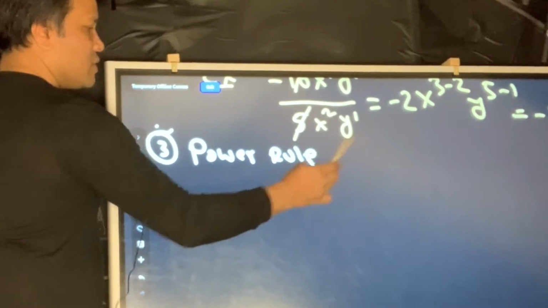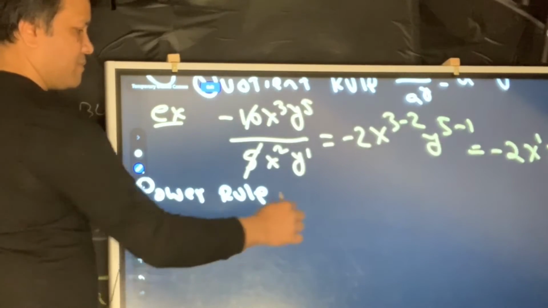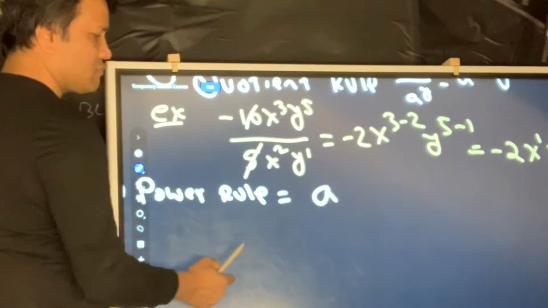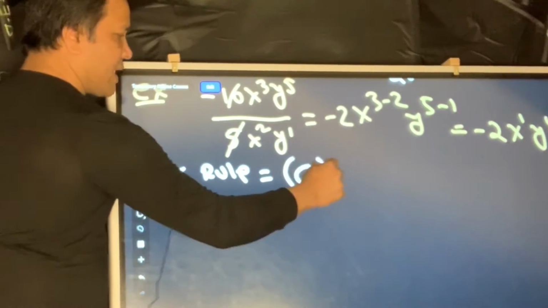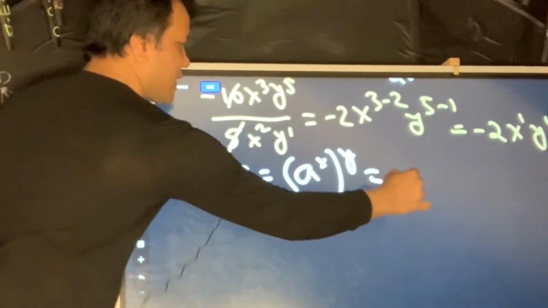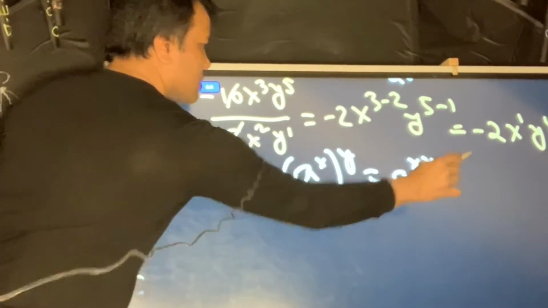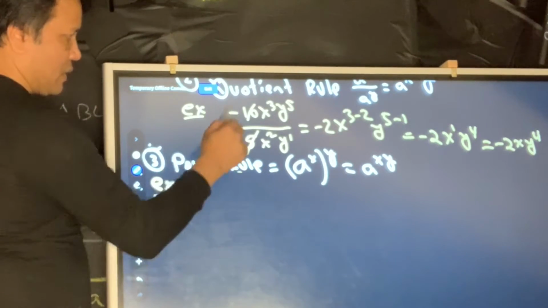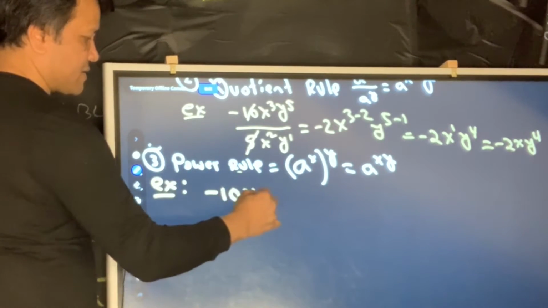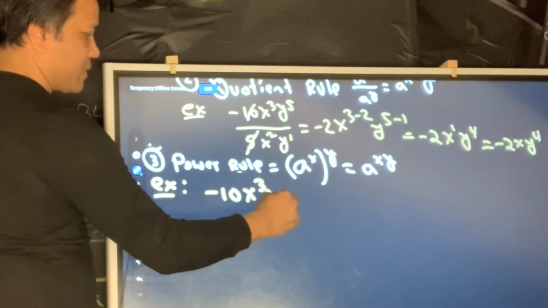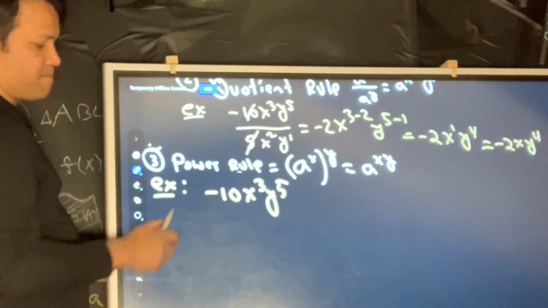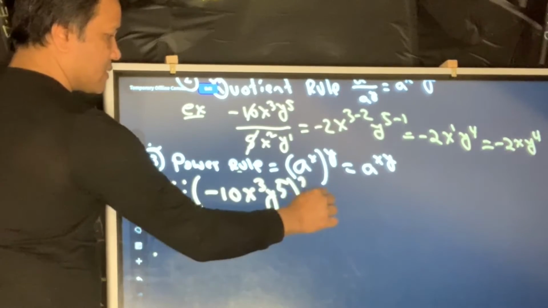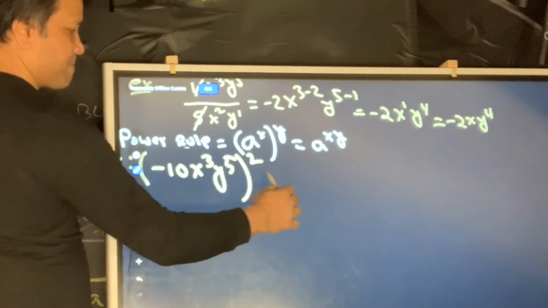The power rule tells us that a^x raised to y is equal to a^(xy), a^(x times y). An example would be the top one, negative 10 x^3 y^5, and I'm going to square it.